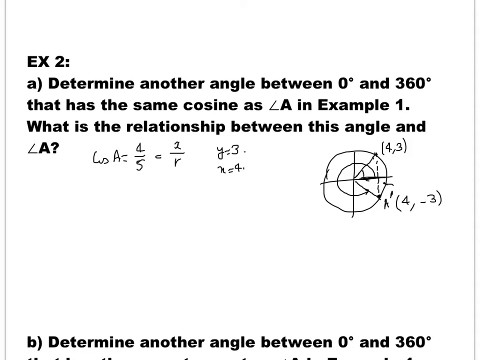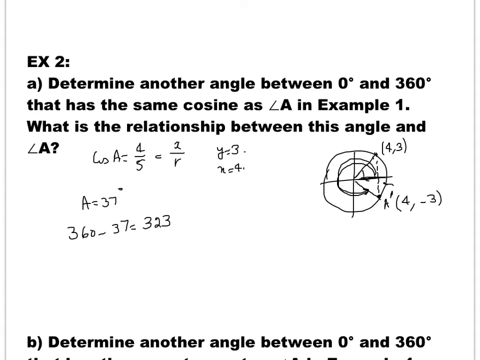Now to find the angle is very simple. We know that we found the angle to be 37 degrees. A was 37 from the previous problem. Now this angle here is going to be 360 minus 37, which is going to be 323 degrees.